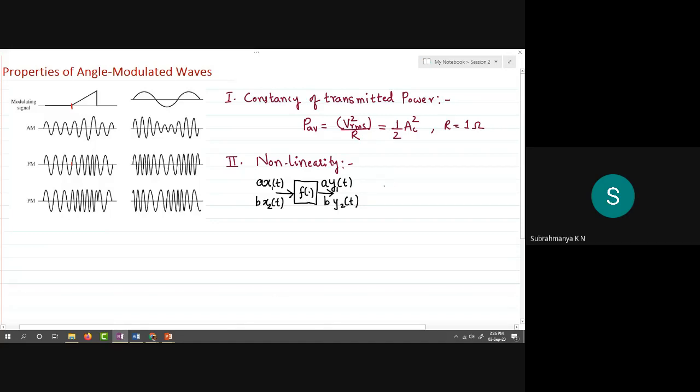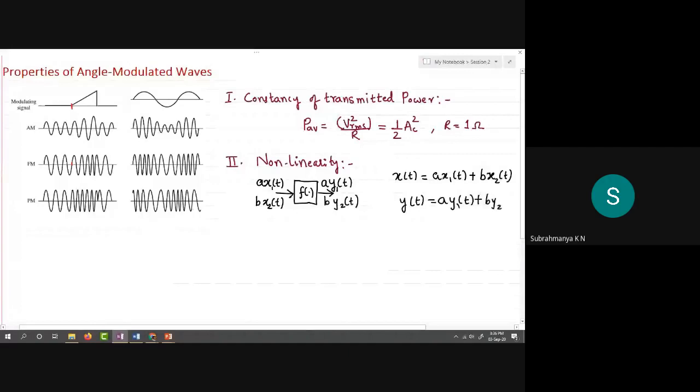So the superposition principle says that if x of t can be written as a times x1 of t plus b times x2 of t in general, and similarly y of t as a times y1 of t plus b times y2 of t.